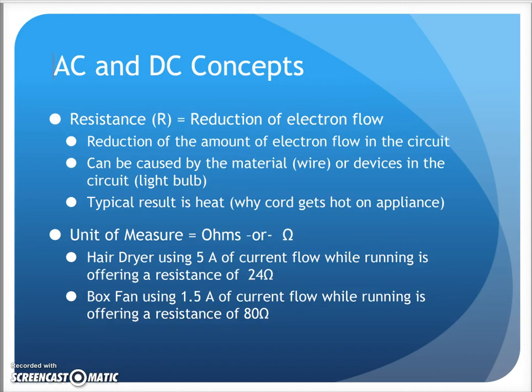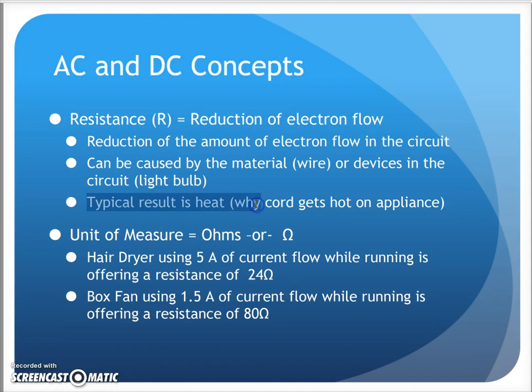Last but not least is resistance, the reduction of electron flow. It is trying to reduce the amount of electrons that are flowing through a circuit, and this can be caused by the material itself, whether it be a wire or the device itself, like the light bulb, the thing at the end of the wire.